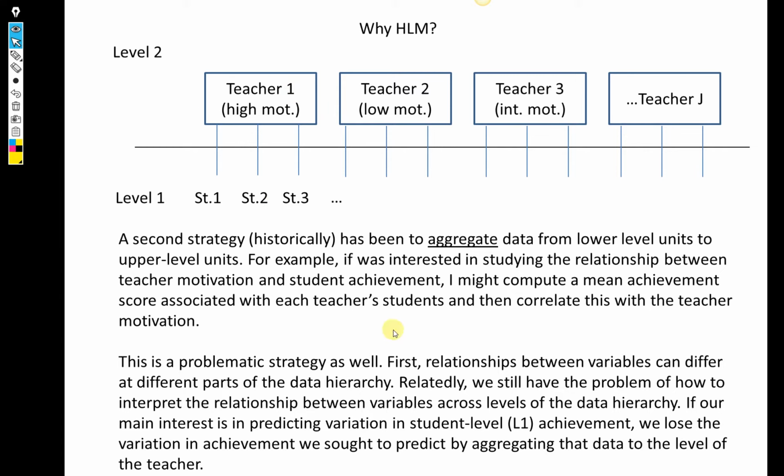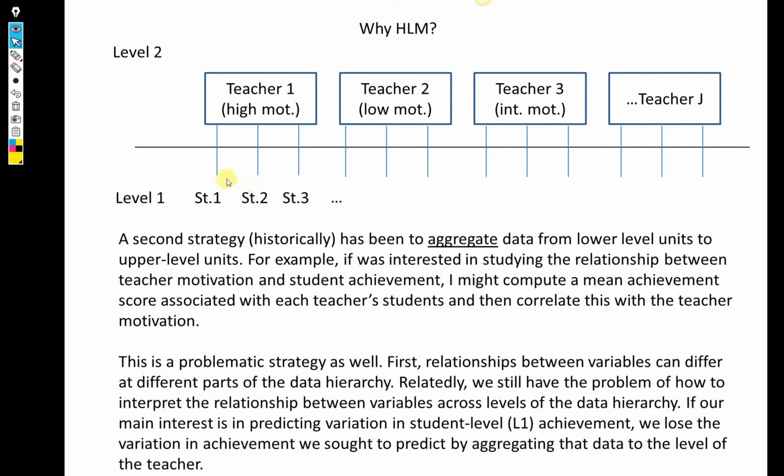This is problematic as well. First, relationships between variables can differ at different parts of the data hierarchy. So let's say, for instance, I was going to aggregate the student level data. I wanted to include teacher motivation as a predictor of student achievement, and then I also wanted to include student level predictors such as prior knowledge or motivation to learn as predictors as well.